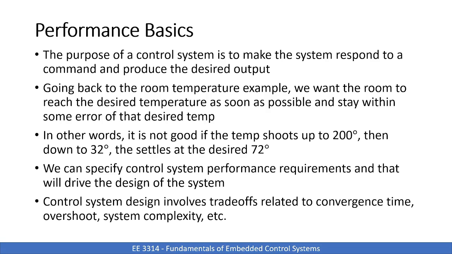The point here is that we have reasonable bounds on the performance of these control systems, and that's going to drive the design. What does the control system design look like given these bounds on performance? Ultimately, it's going to drive trade-offs in the design process, right?